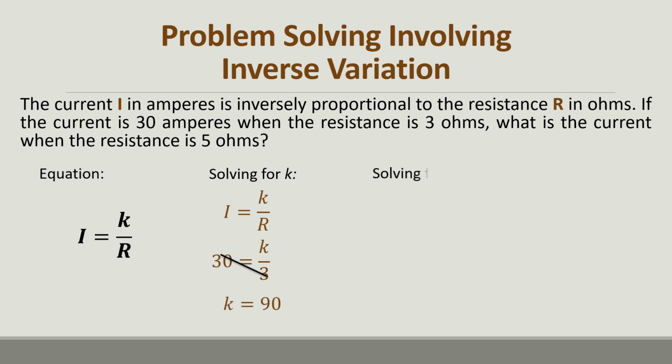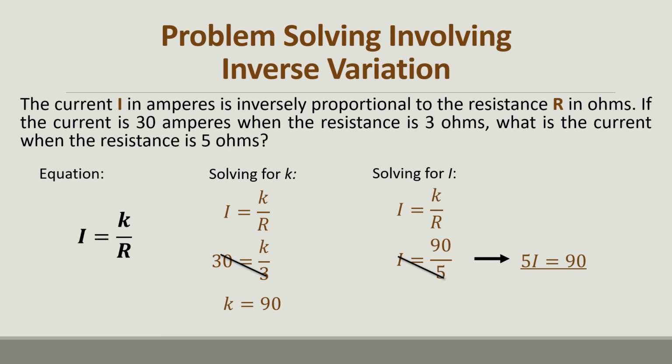Now that we have 90, we proceed with solving for I. I is actually what's being asked in this problem, current, no? So we write the equation once again, and then we substitute 5 for resistance and 90 for K. And from here, we cross multiply I times 5, that is 5I equals 90.